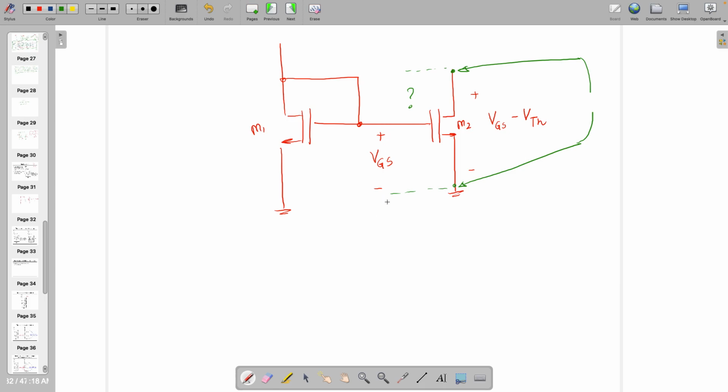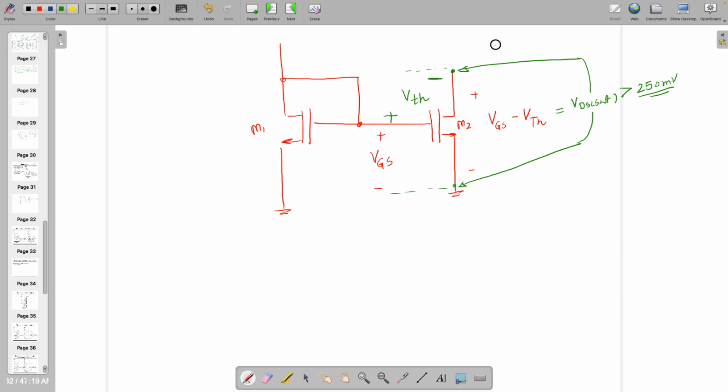However, here VGS is there, so how much is required over here? Minus VTH, right? You need to keep the minus terminal here, plus terminal here, and let's call this VTH. Then I can see two voltage sources in series, making VGS minus VTH, and that's exactly equal to VDS set, which has to be greater than 250 millivolt. It will come automatically. There is no problem in that, right?